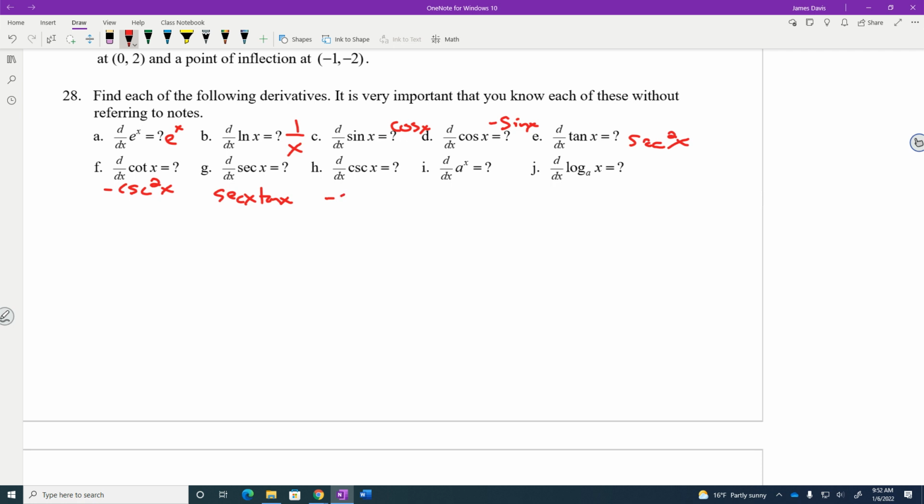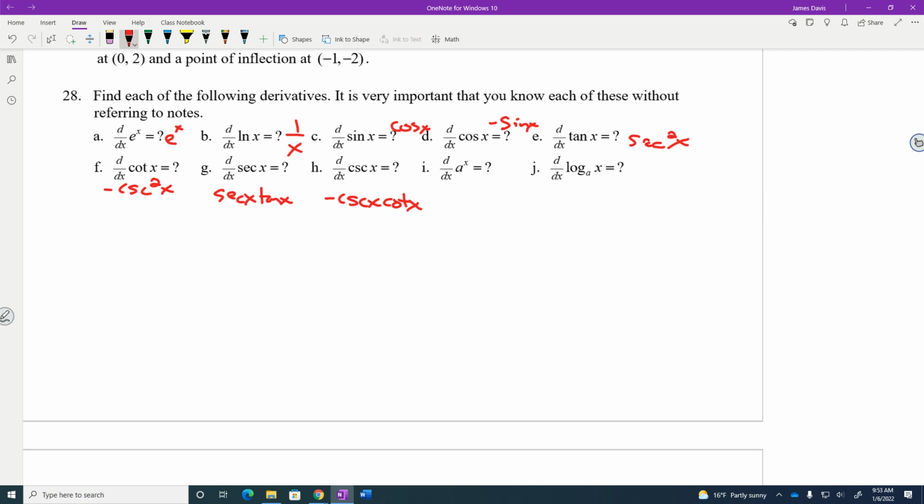Cosecant is minus cosecant x cotangent x. Same idea, except with an opposite sign. And always one of them is negative as well. Whichever one starts with the C is negative. So they all have these pairs that work out here.